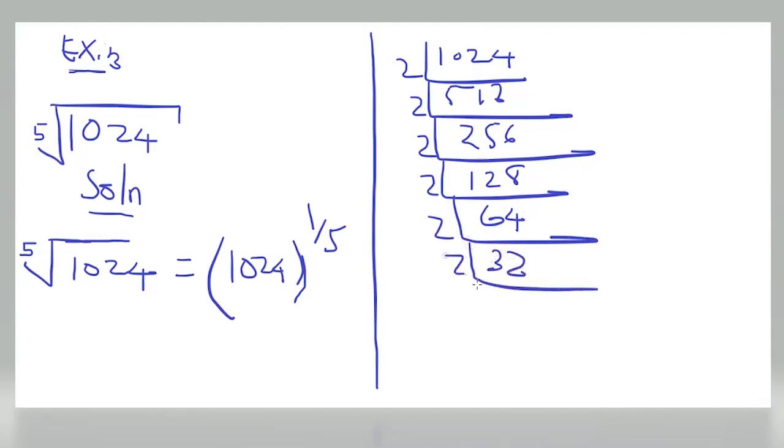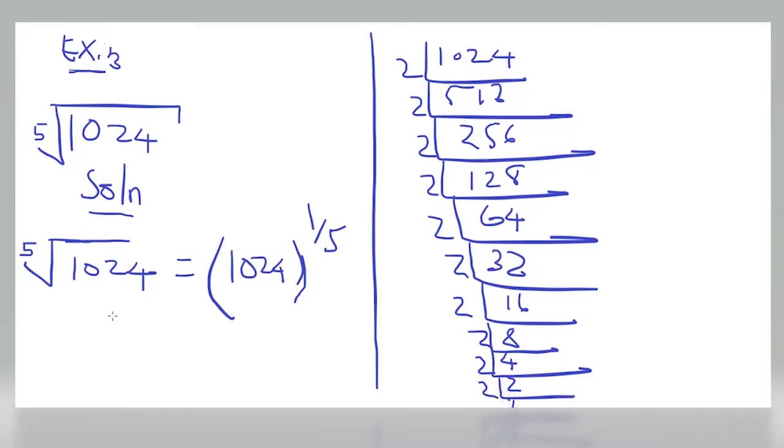By 2, 16. By 2, 8. By 2, 4. By 2, 2. And finally by 2 it is 1 at the end. So the product of this one will be equal to 2 counted 1, 2, 3, 4, 5, 6, 7, 8, 9, 10 times. Therefore this one is equal to 2 power 10.